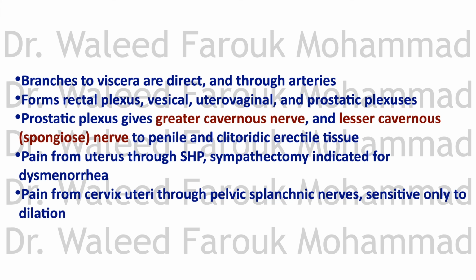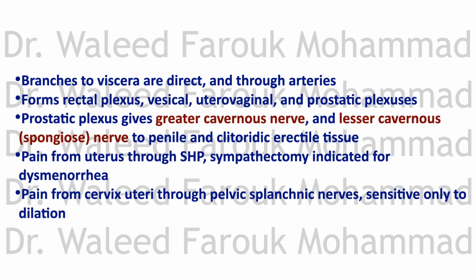Also remember that pain from the uterus and cervix differ. The pain from the uterus is through the superior hypogastric plexus, and sometimes in untreatable cases of dysmenorrhea, sympathectomy is indicated to alleviate the pain.